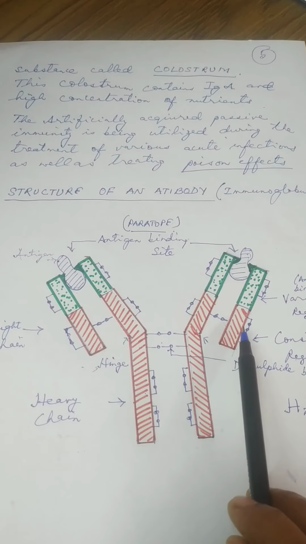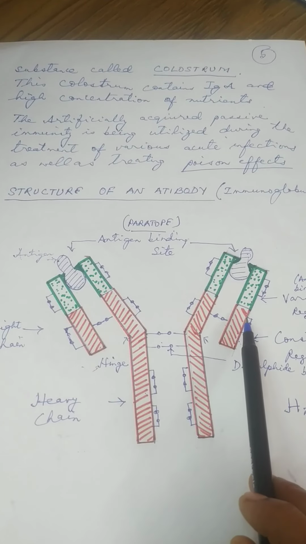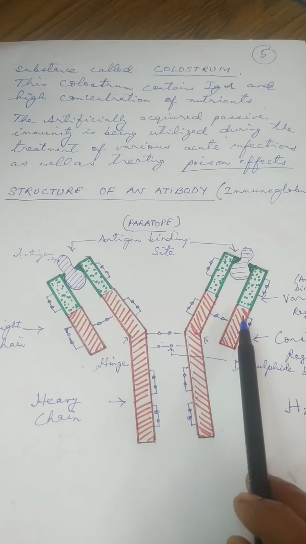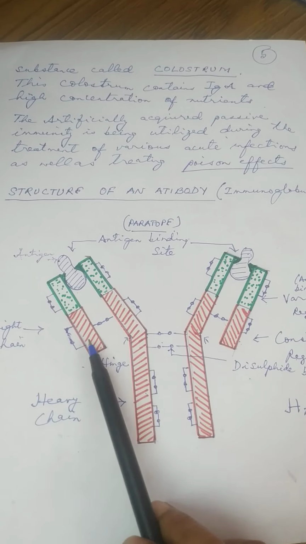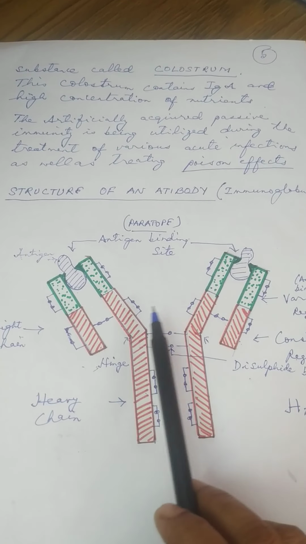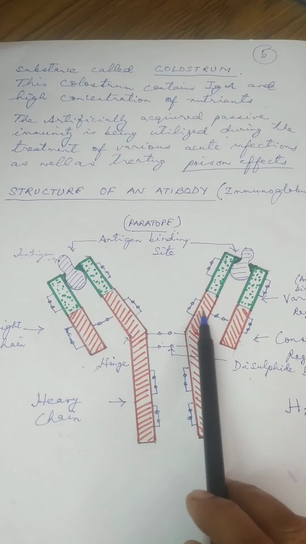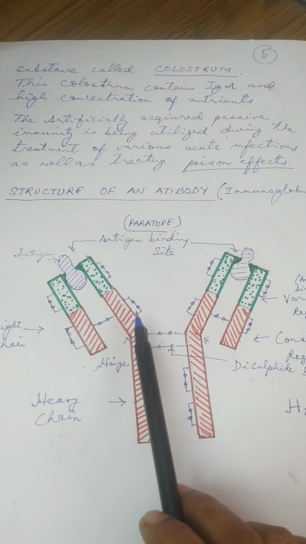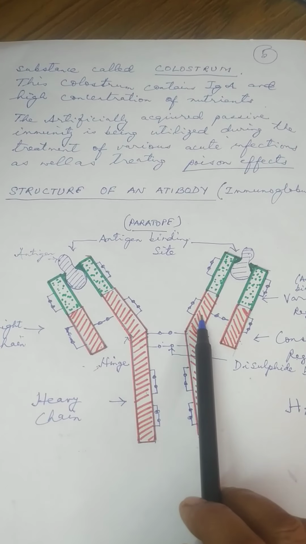Short chains have less number of amino acids, so for this reason the chains are light. The long chains have more number of amino acids, so for this reason the chains are heavy.